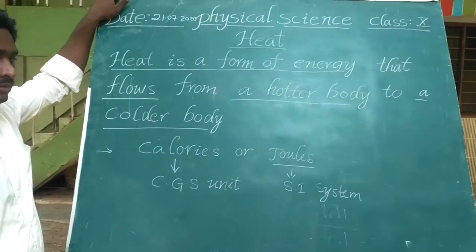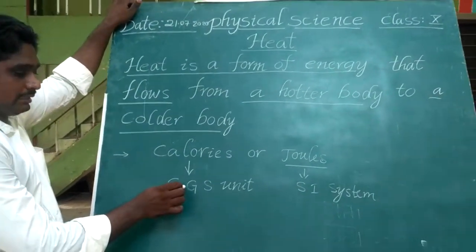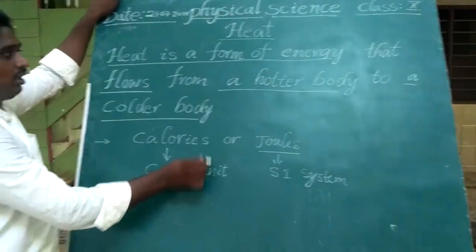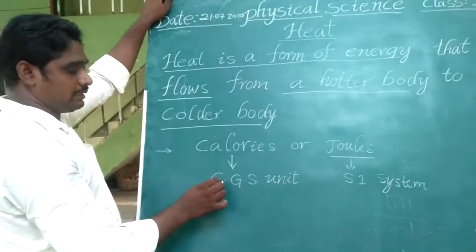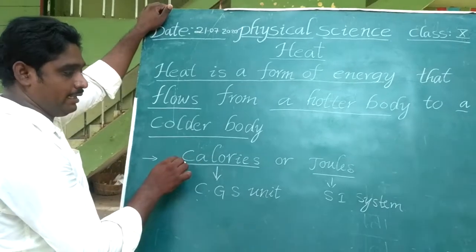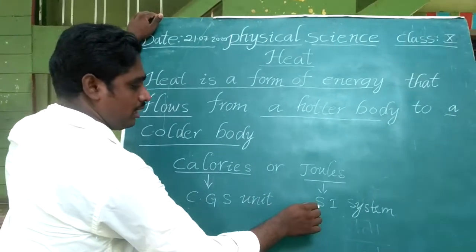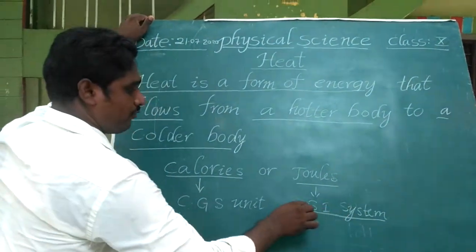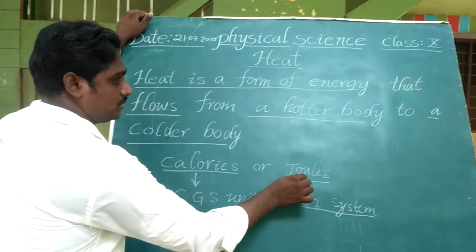Okay, students, what is the Celsius unit of heat? The Celsius unit of heat is the calorie. What is the SI unit of heat? It is joules.